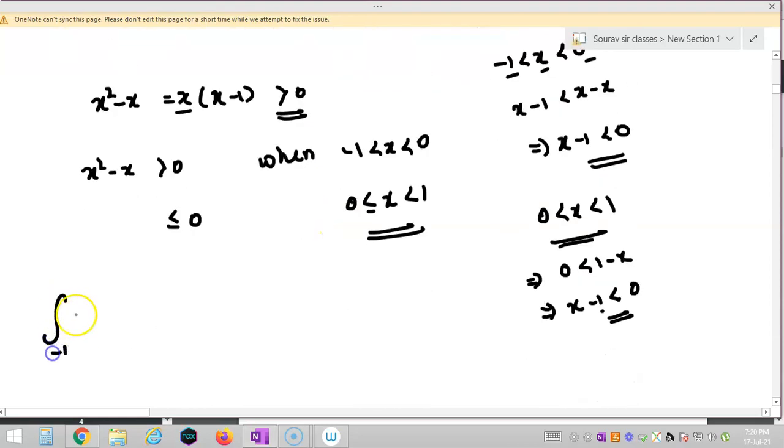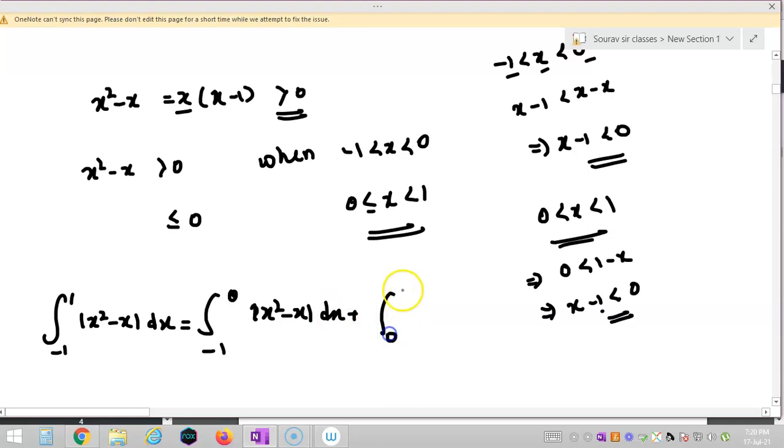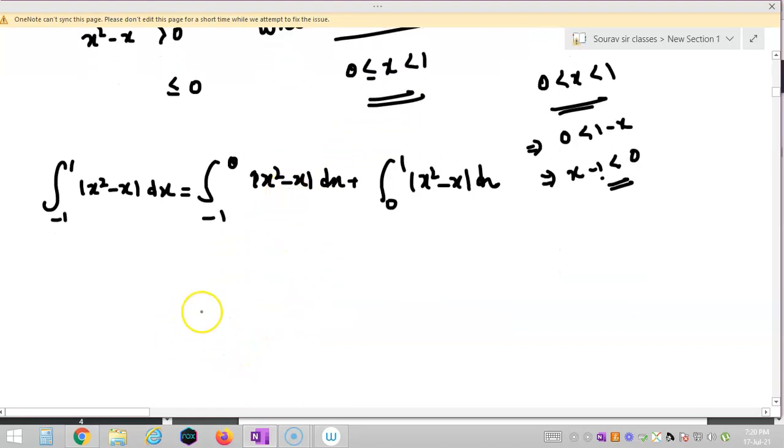Integration -1 to 1 of mod of x square minus x dx. I can split this integration into -1 to 0 of mod of x square minus x into dx plus integration 0 to 1 of mod of x square minus x into dx. In the range -1 to 0 the quantity is positive, so I take x square minus x into dx, plus integration 0 to 1.